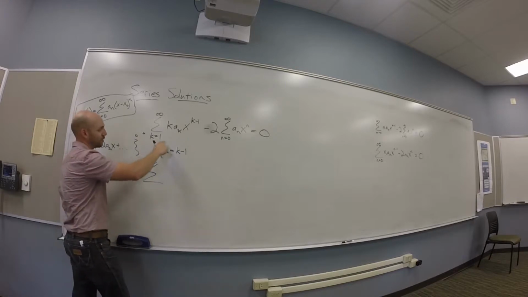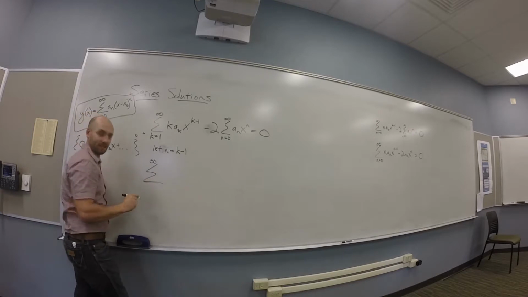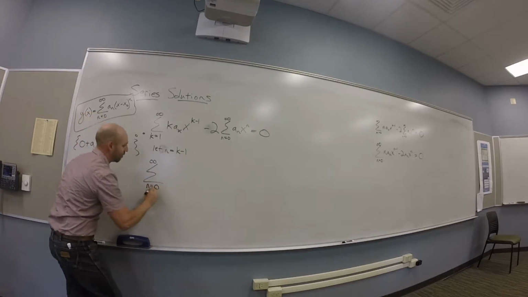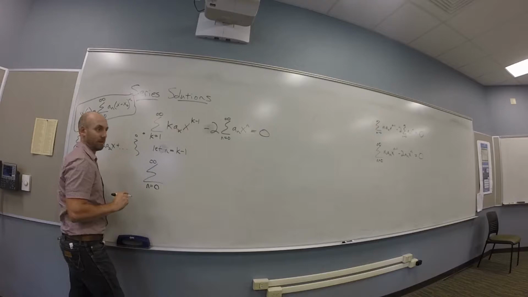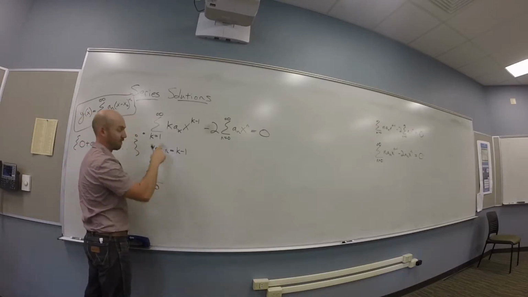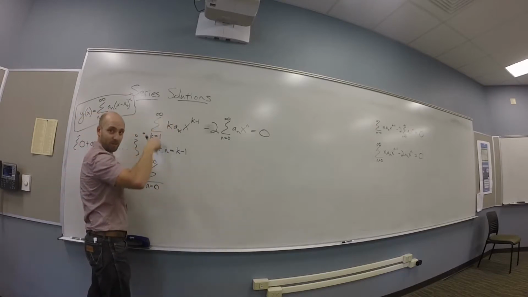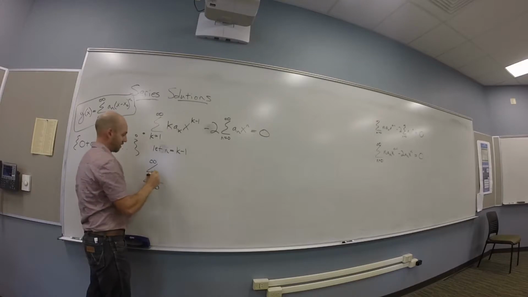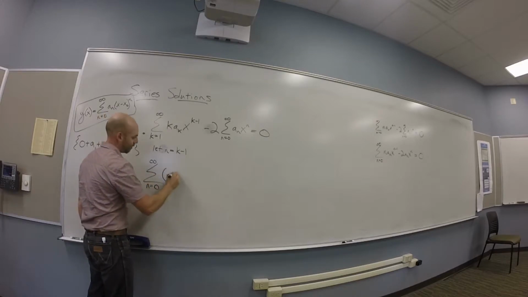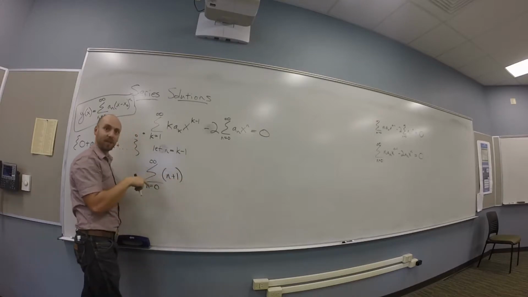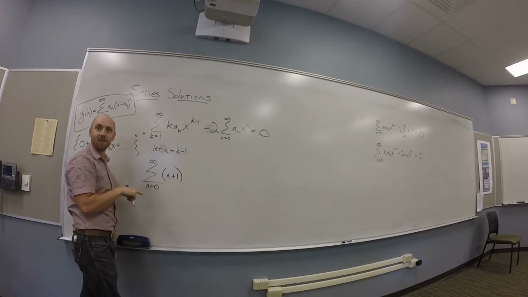And when k is 1, n is 0. So k is n plus 1, right? This is a little bit like u substitution, except you don't have the du.